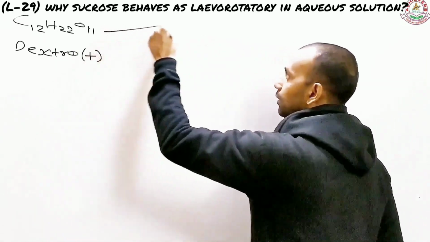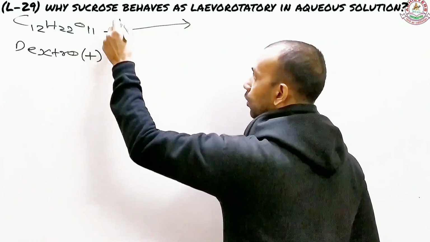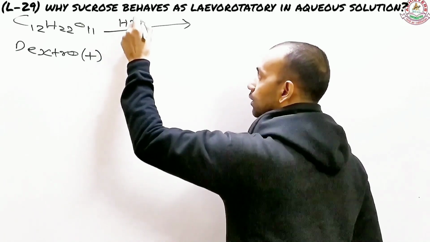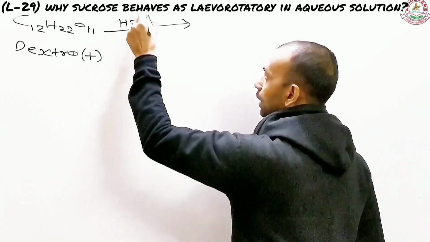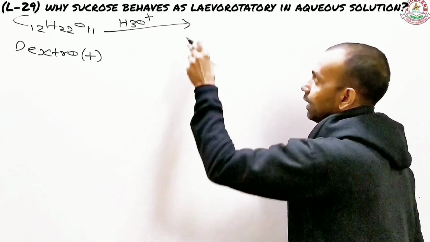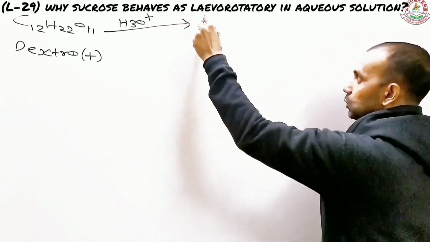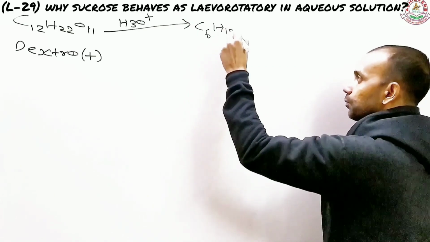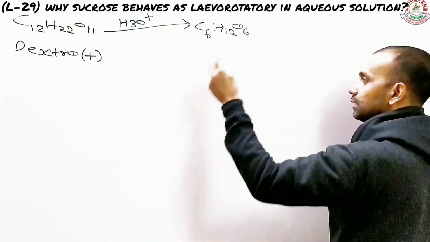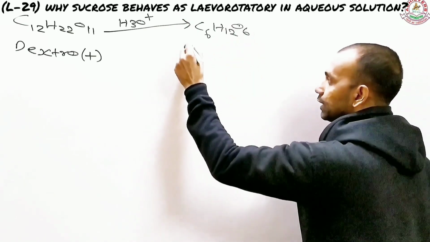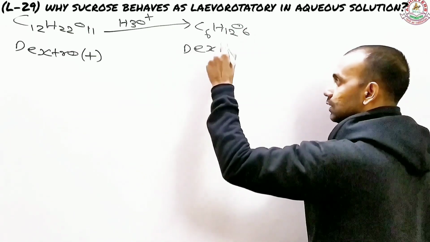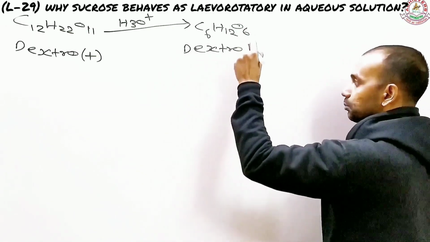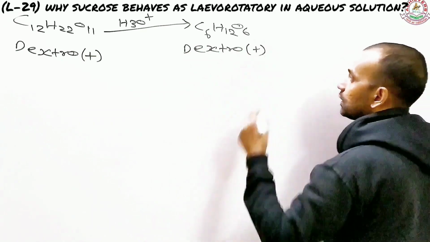Now after you dissolve it in water within a container with a small amount of acid, this breaks into glucose, C6H12O6, and this is again a dextrorotatory substance, so it also has a plus sign.